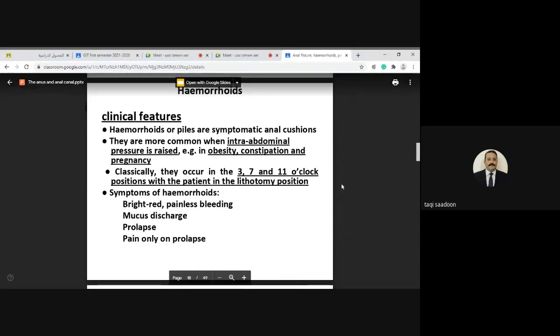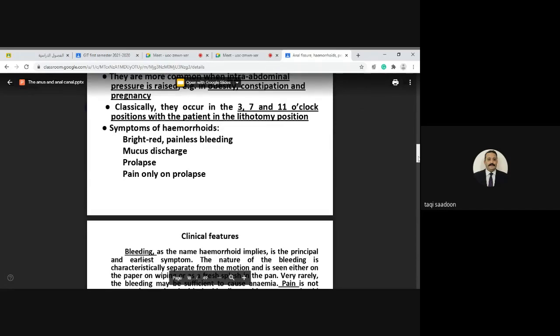We now understand what 3, 7, 11 o'clock means. They even call it the Mercedes-Benz. Do you see the logo of Mercedes cars? Yes, doctor. It is like the Mercedes logo: 3, 7 and 11 o'clock. And the symptoms are either bright red painless bleeding, mucus discharge, prolapse, or sometimes pain, in cases of complications.